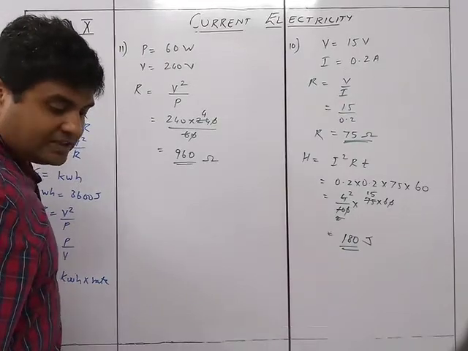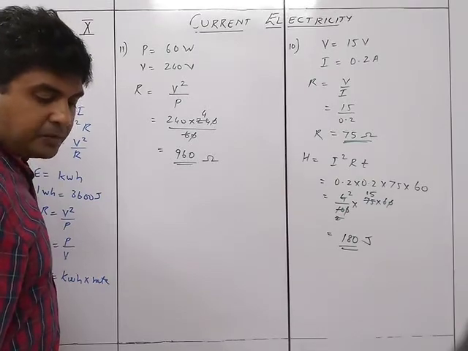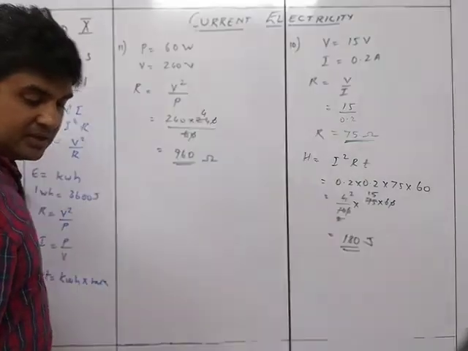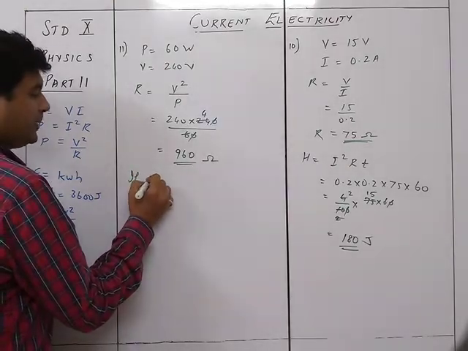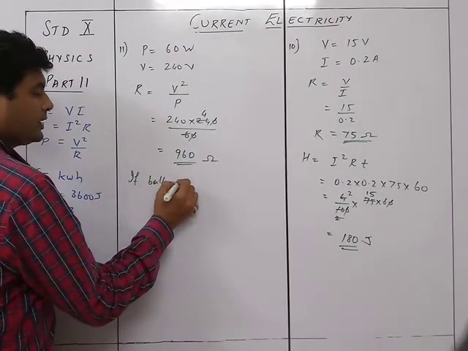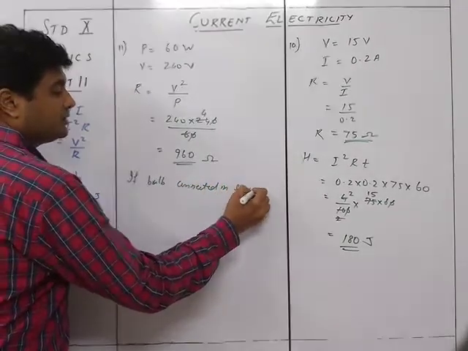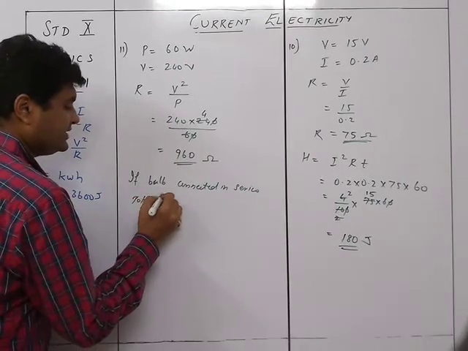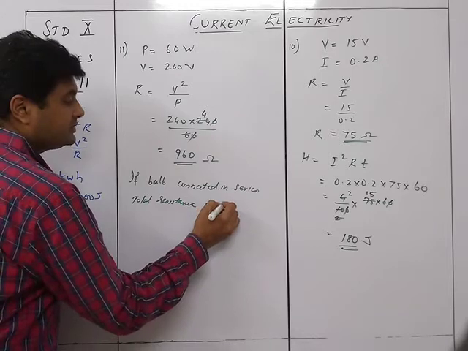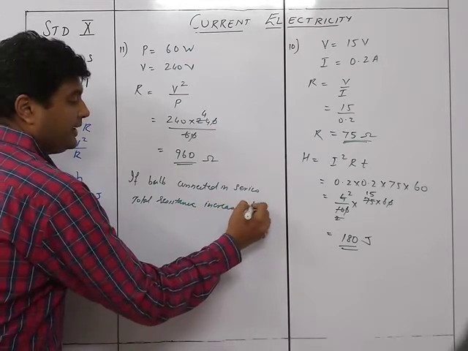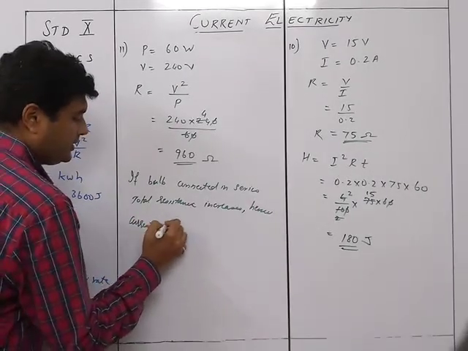Now, if two such lamps are connected in series across the 240 volts main supply, explain why each one appears less bright. Now see, if bulbs are connected in series, total resistance increases, hence current decreases.